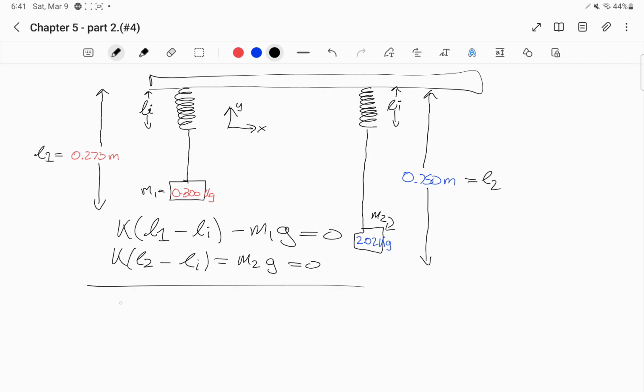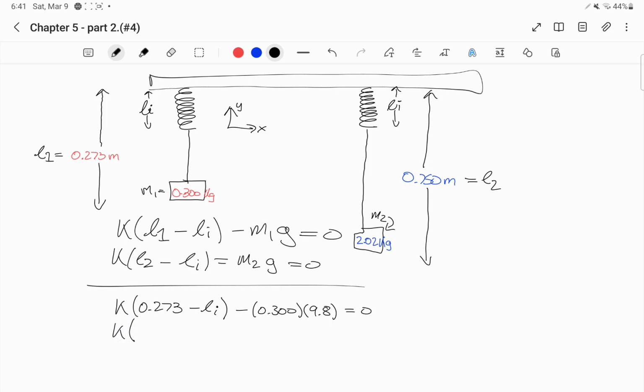So we have K times 0.273 minus L initial minus 0.300 kilograms times the force of gravity, which is 9.8.